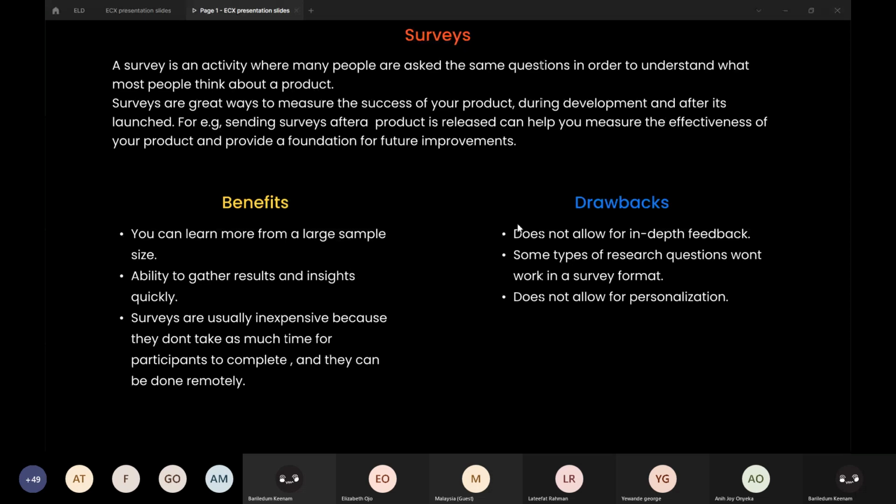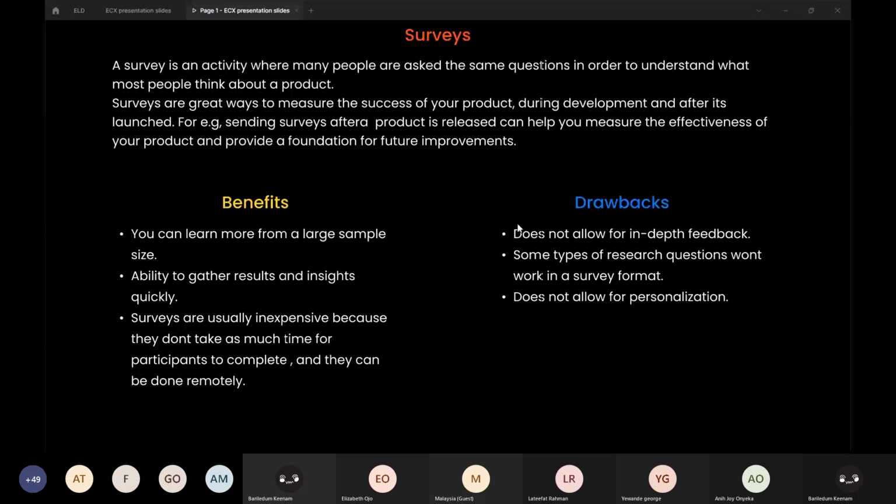So some types of research questions won't work in a survey format. Just like I've said, only open-ended questions can work in surveys. It also does not allow for personalization. You have to be general. There are some questions that are specific to particular users, but in surveys you have to be general because you don't know your users.